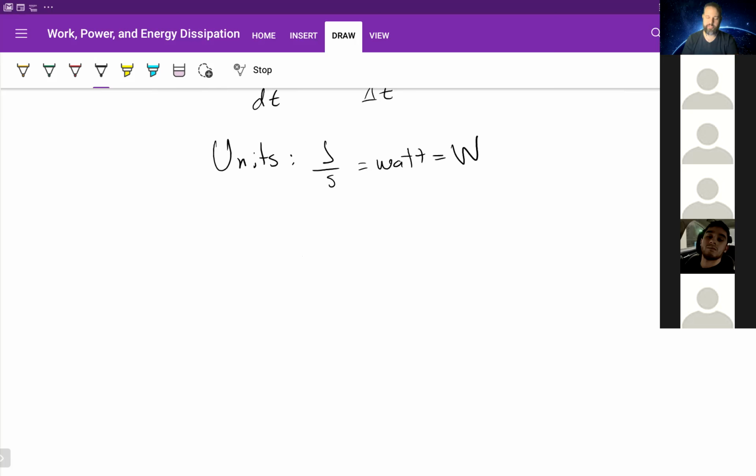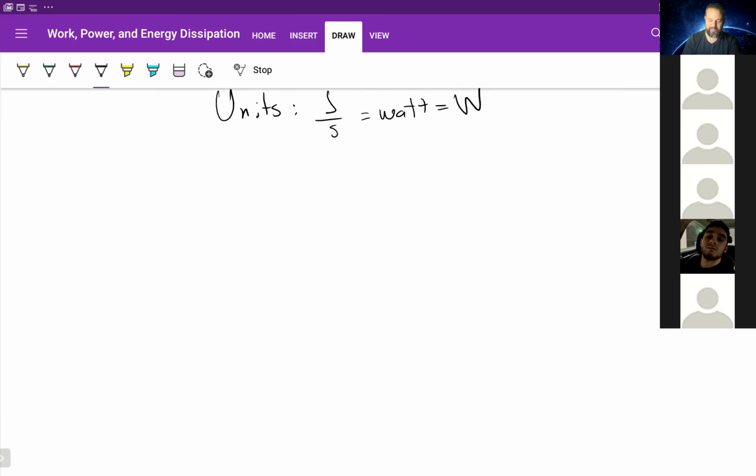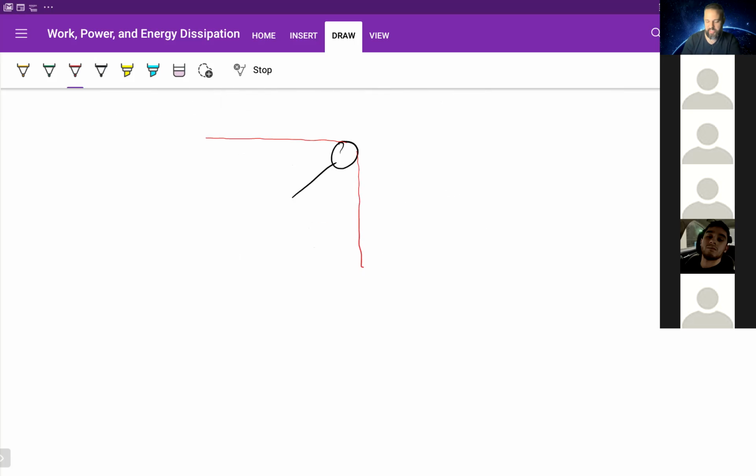And you know what? I'm going to go ahead and talk about it. So what he did was he got a pulley, something like this, and a rope. Let's draw the rope in some other color. All right. And at the end of this rope, he attached a 550-pound block.